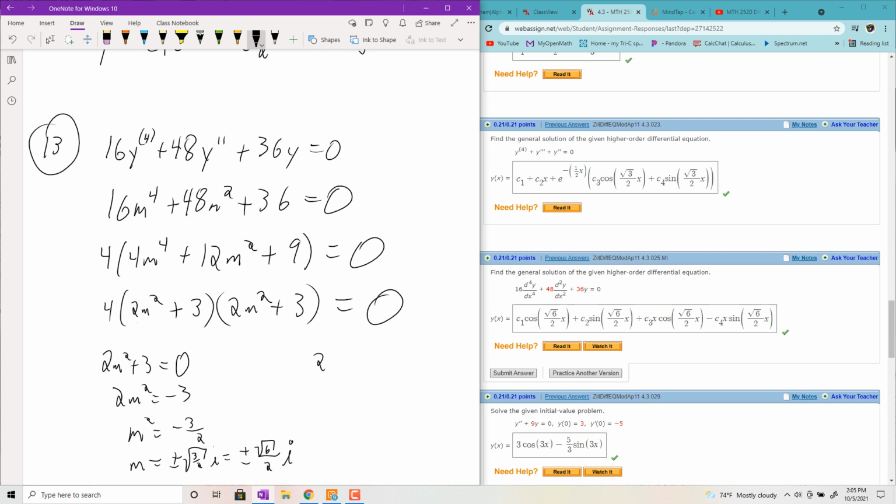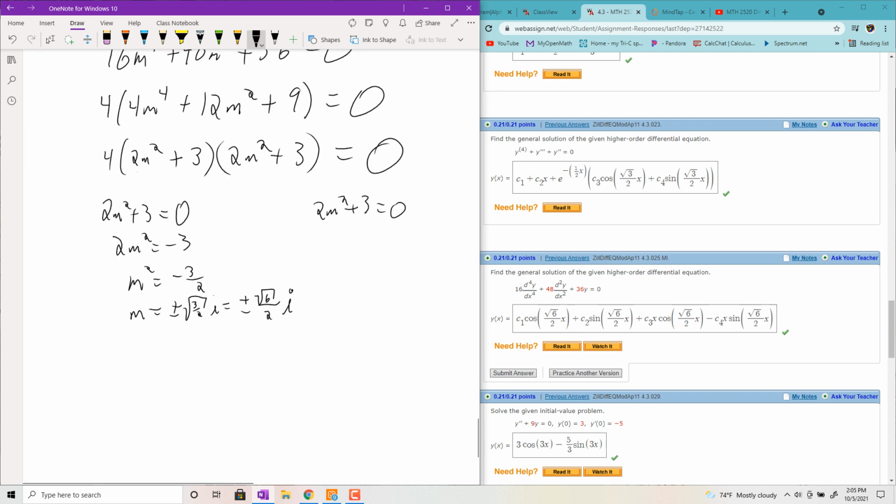And then you have this 2m squared plus 3 again, right? So you're just going to get those same roots. In other words, you get 2 repeated imaginary roots: 0 plus root 6 over 2 i, and the other one is 0 minus root 6 over 2 i.